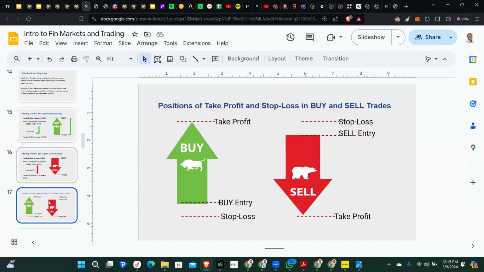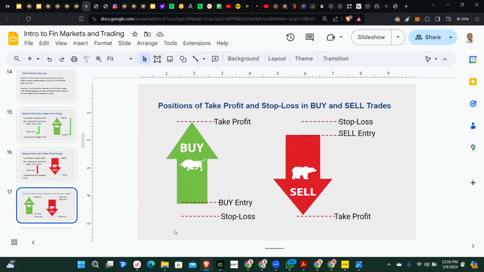So let's look at the position of take profit and stop loss in your buy and sell trades. When you are buying, your stop loss will always be a price below your entry, because when you are buying, you are of the opinion that the market will go up.